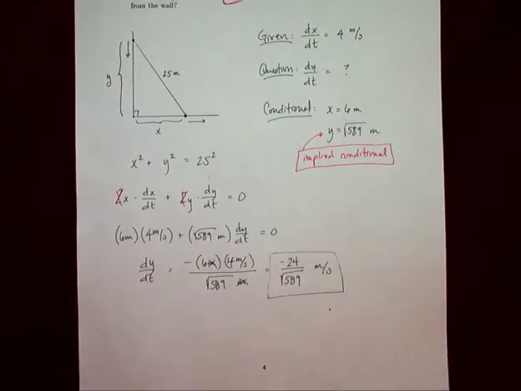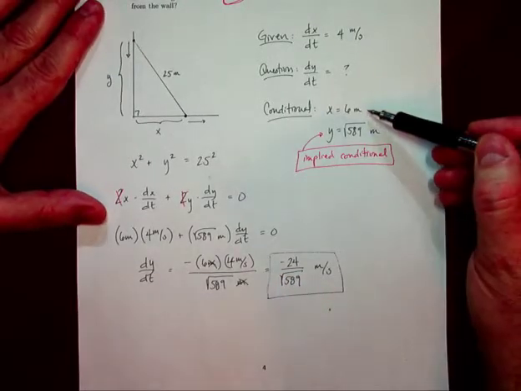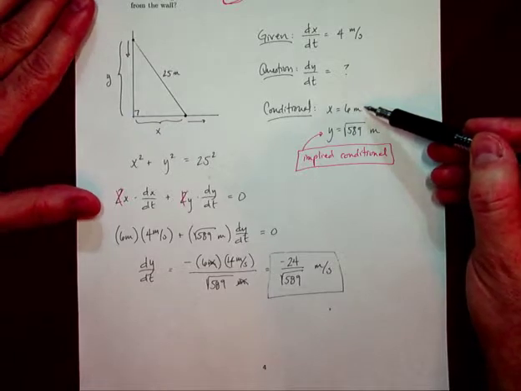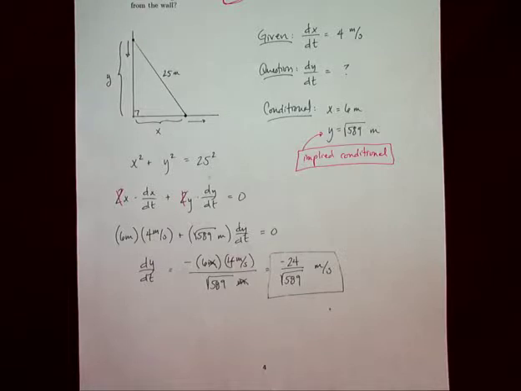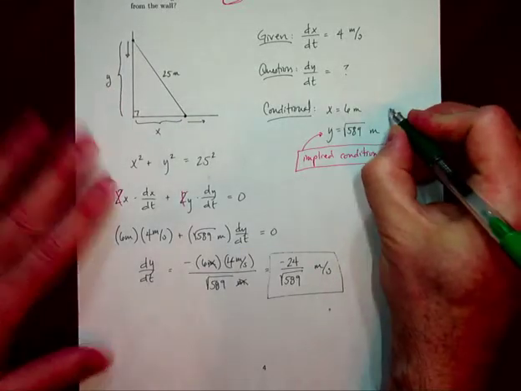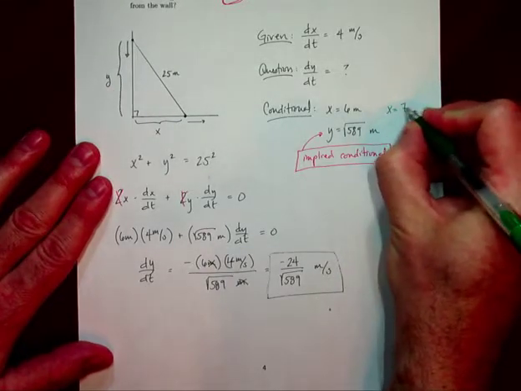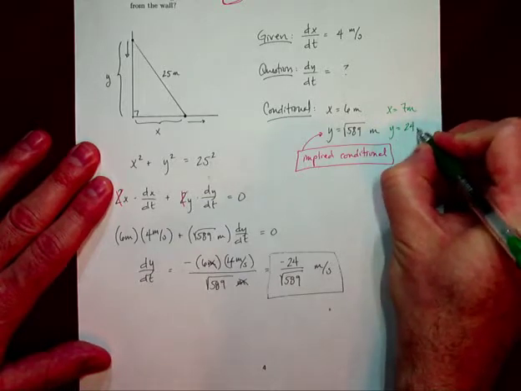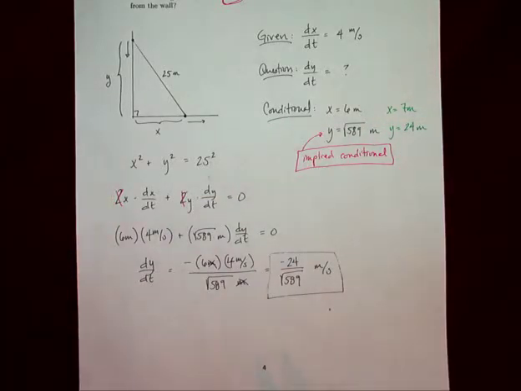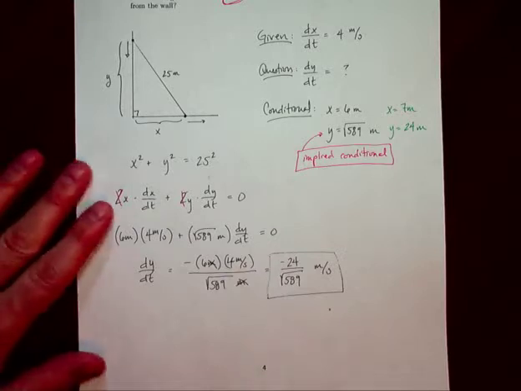And that's it. And it would have been different had your conditional information been a 7 right here instead of a 6, right? I'll do that in a different color since it's a different scenario. Let's use green. Let's say instead it was x is equal to 7 meters, and therefore y was going to be equal to 24 meters because 7, 24, 25 is a Pythagorean triple.